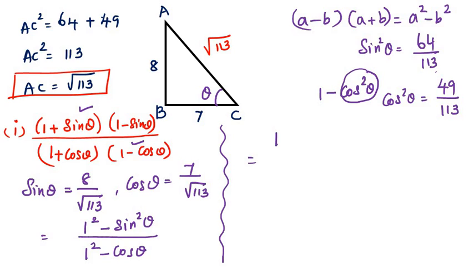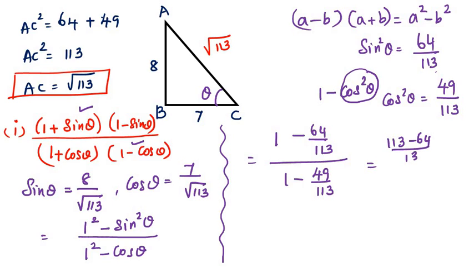1 square is 1, sin square theta we have 64 by 113, whole divided by 1 minus 49 by 113. By cross multiplying, we get 113 minus 64 divided by 113, whole divided by 113 minus 49 divided by 113.